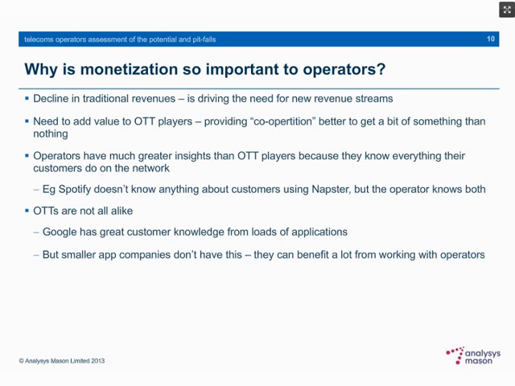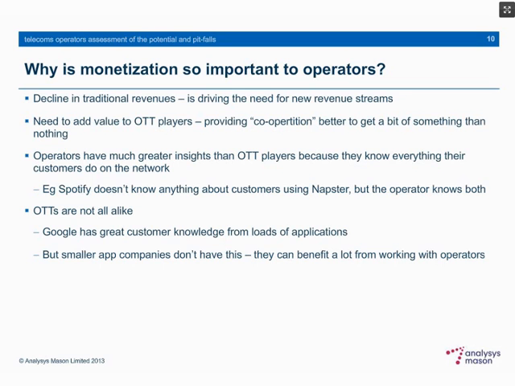The need to add value to over-the-top players, either cooperating with them or providing some value add working with them, is going to be absolutely critical. And providing data to do that is one of those aspects of it. Having greater insights than over-the-top players is, of course, important when we're competing with them.